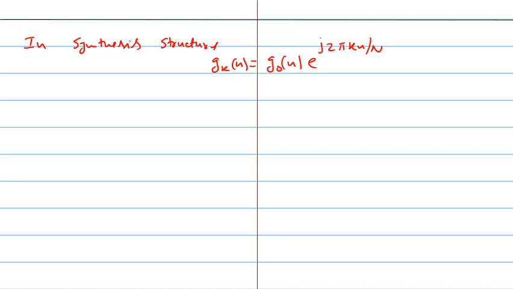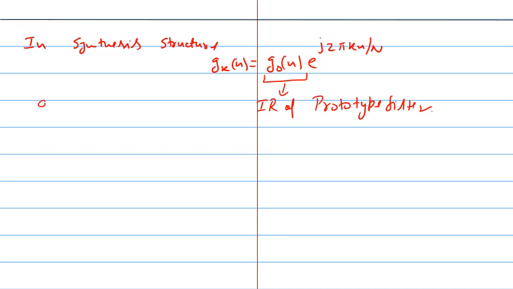Okay. So what is this basically? This is the impulse response of the prototype filter, and other filters have been derived using this prototype filter by just multiplying with the complex exponential.